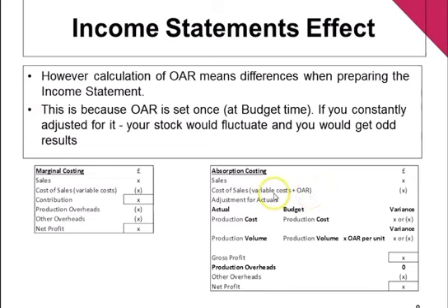Our cost of sales will include a variable cost per unit plus a budgeted OAR, and therefore there must be an adjustment in your income statement for what actually happens in the month or in the year. So in essence, you compare the two halves of your OAR calculation. The first one's incredibly straightforward.